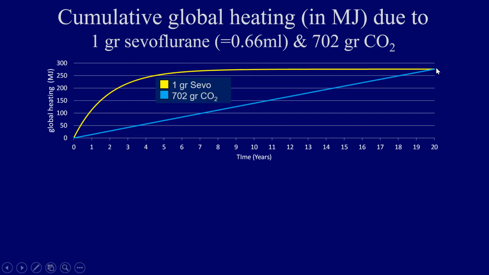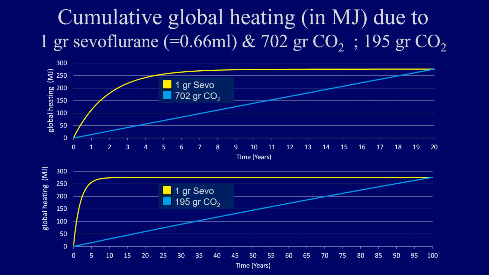So if we want to know after 20 years how much heat is absorbed by a certain amount of CO2, how much CO2 do we need to emit to have this same heat absorption, then if we do the calculation for CO2, we see that if we emit 702 grams of CO2 on this day 0, then after 20 years, the amount of heat absorbed will be equal.